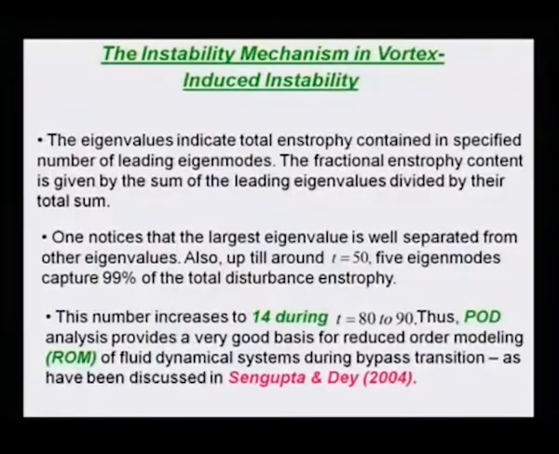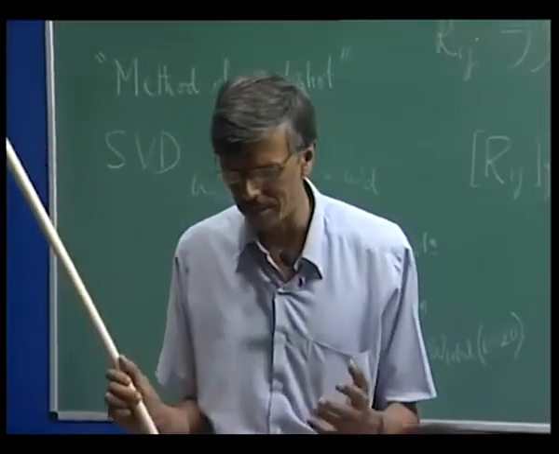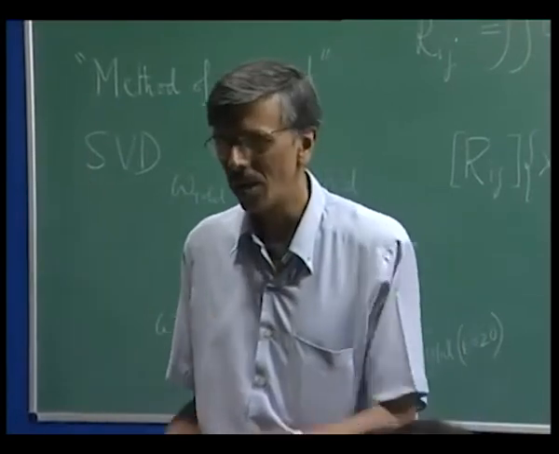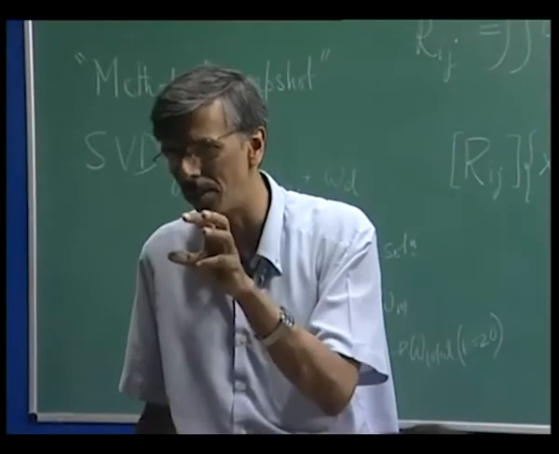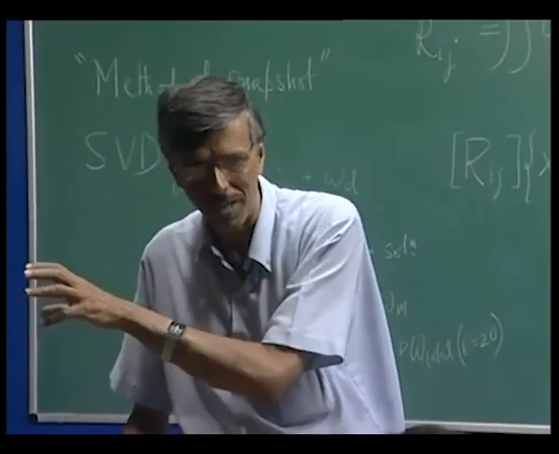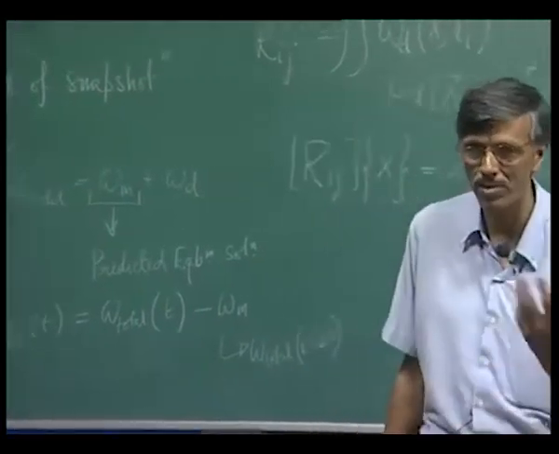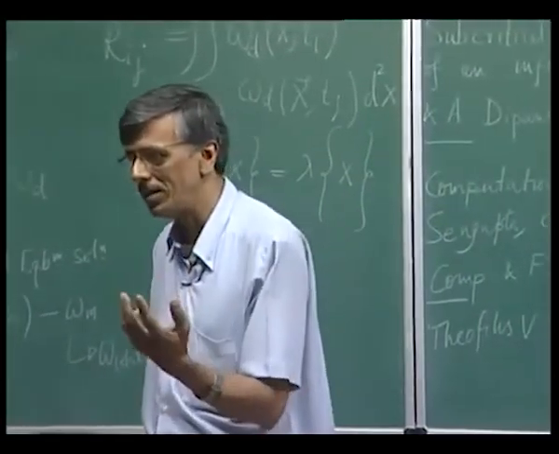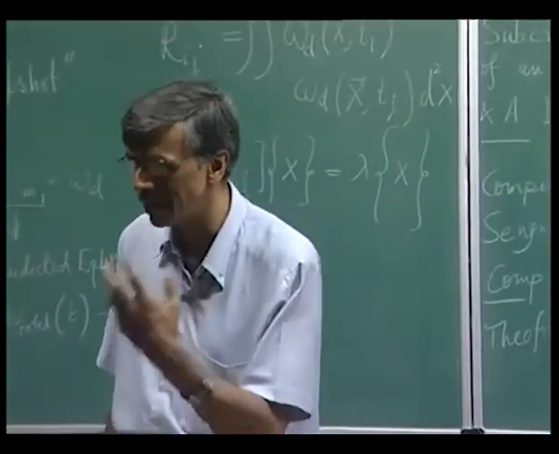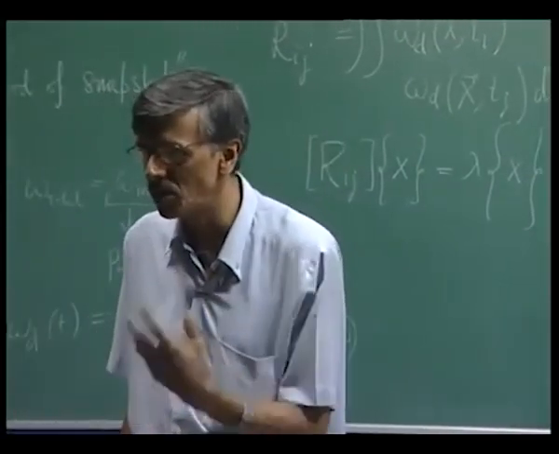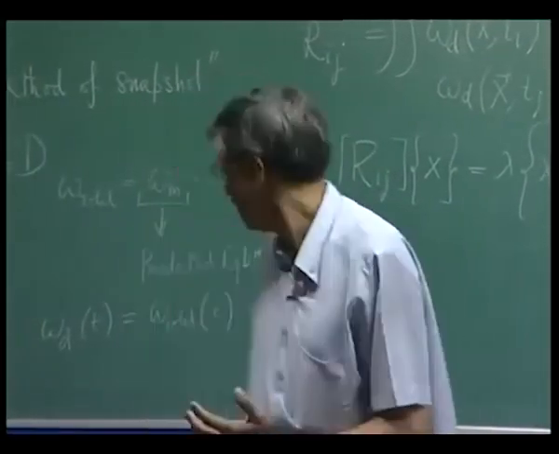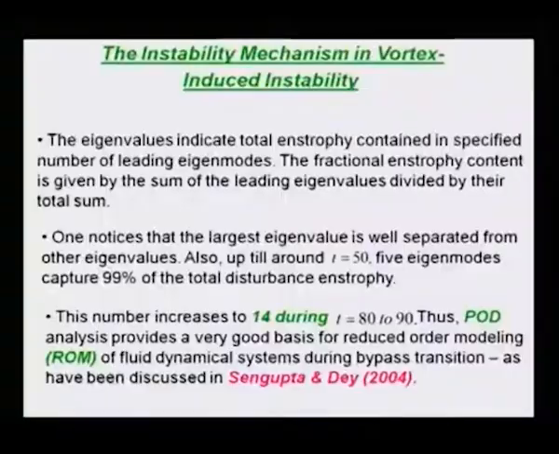Basically, we show that these eigenmodes consist of a time dependent amplitude and a space dependent part, right. So, these Rij's are obtained from the space dependent part, and this amplitude is the time dependent part. Those evolution equations I am talking about in reduced order models are those dynamical equations for those amplitudes.